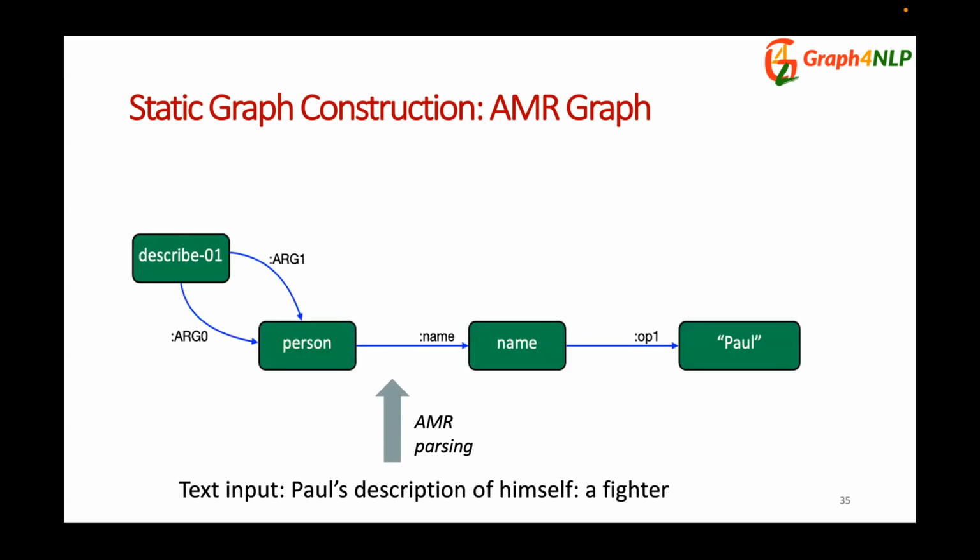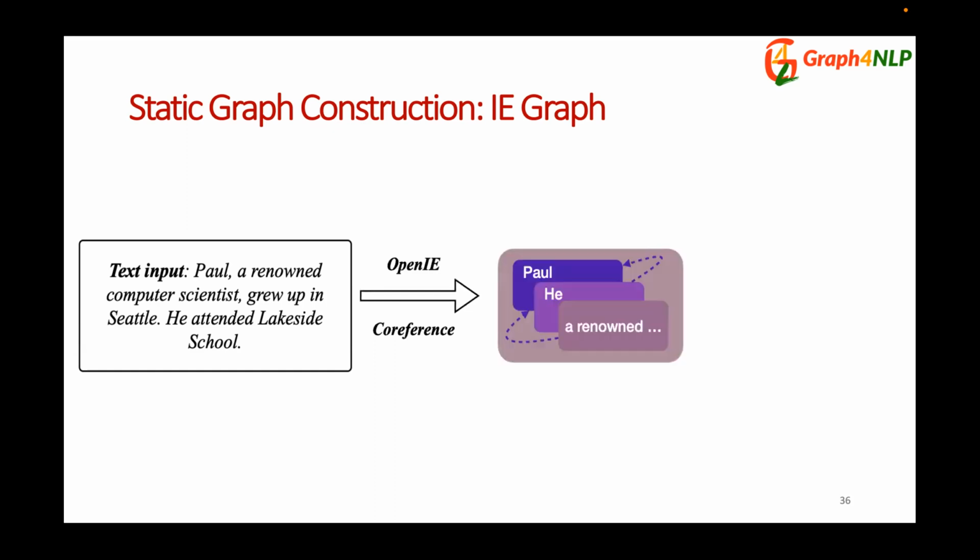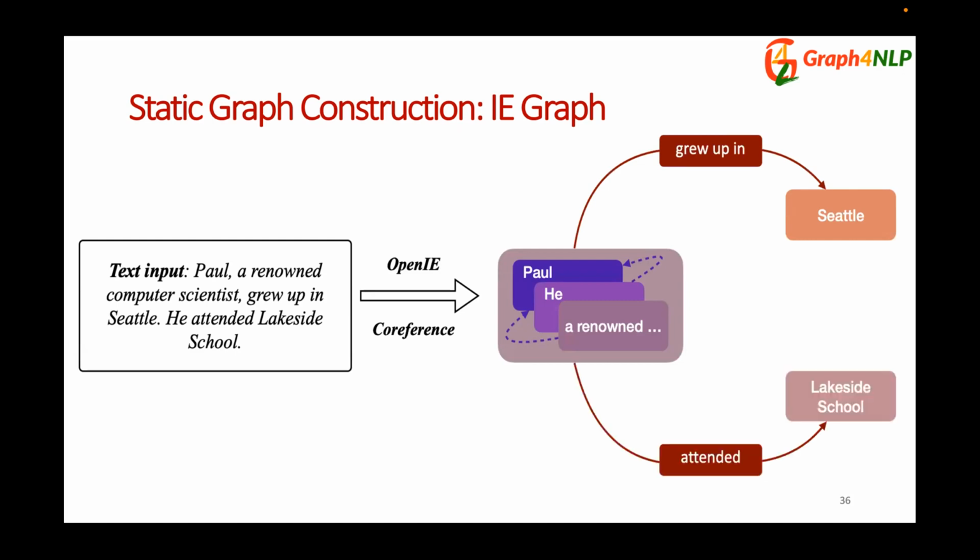The IE graph aims to extract the structural information from text to represent the high-level information about the entities and their relations. Given an input text, we can apply IE tools to convert it to a graph, which contains entities such as Seattle as nodes and relations such as attended as edges.